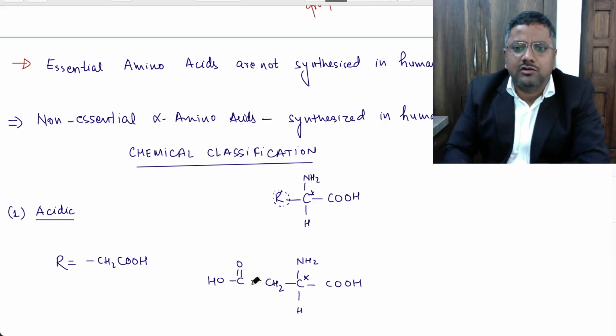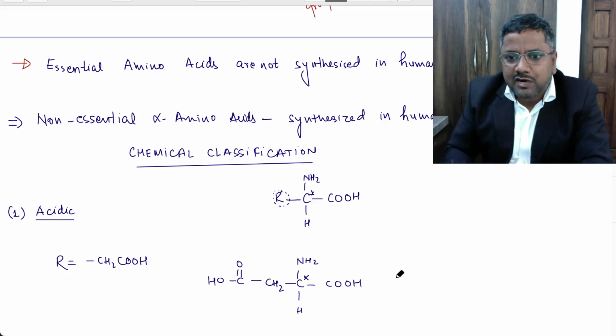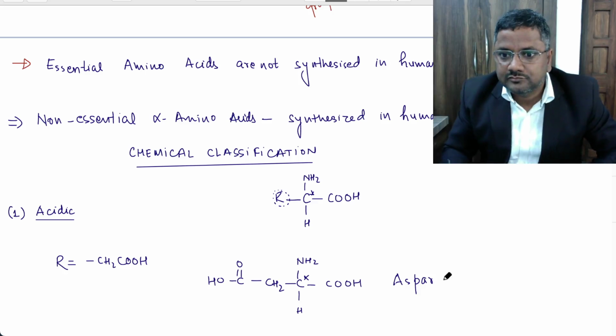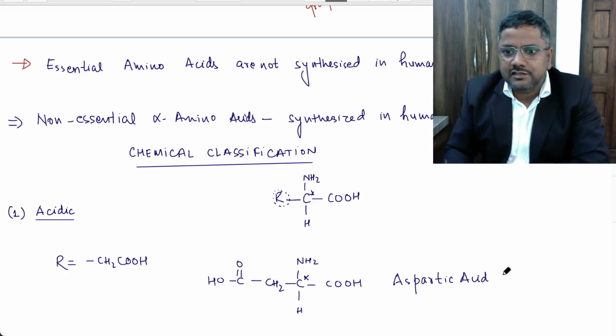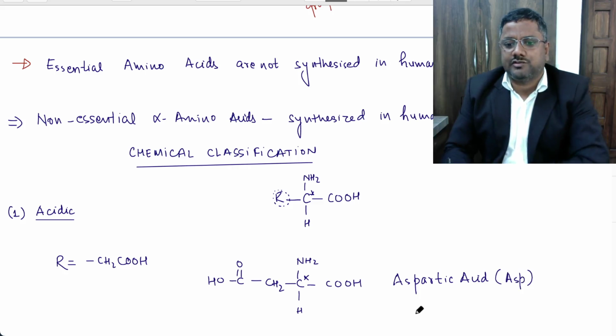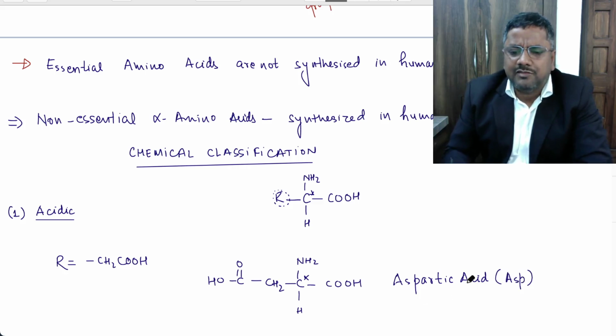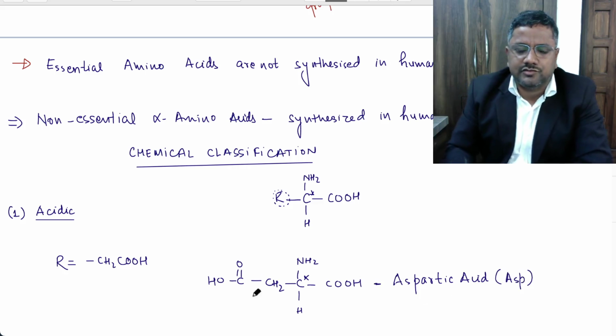This compound is known as aspartic acid, and the three-letter abbreviation ASP is used here.